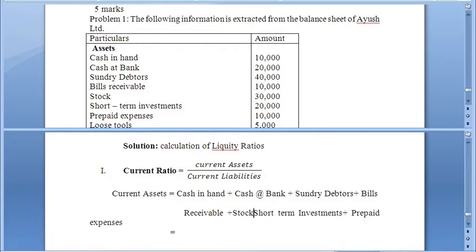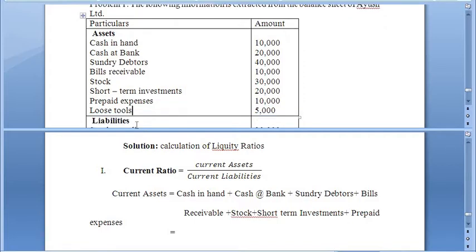After stock, short-term investment and prepaid expenses. Next one is loose tools, but this loose tools will not be a current asset. It is not a current asset, so it will not come here. Now put the values and find out the total amount of current assets.